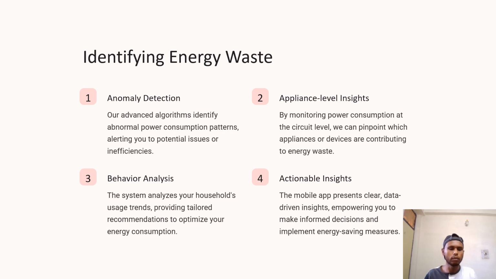Usually in our home there are some patterns of power consumption, but on certain days or at a certain time, if it changes drastically, then we can detect it. And behavior analysis, using household usage trends, will provide tailored recommendations to optimize our energy consumption. This mobile application will give clear data-driven insight, empowering us to make informed decisions and implement energy-saving measures.